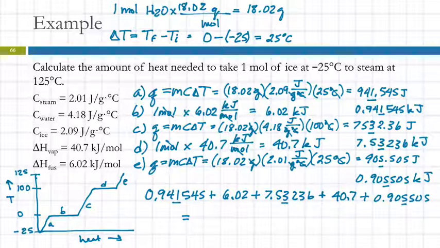Do it the hard way. 0.941545 plus 6.02, 7.53236 plus 40.7 plus 0.905505 equals. Anybody else get this number? Yeah. Awesome. Either we're all correct or we're all screwed in the same way.